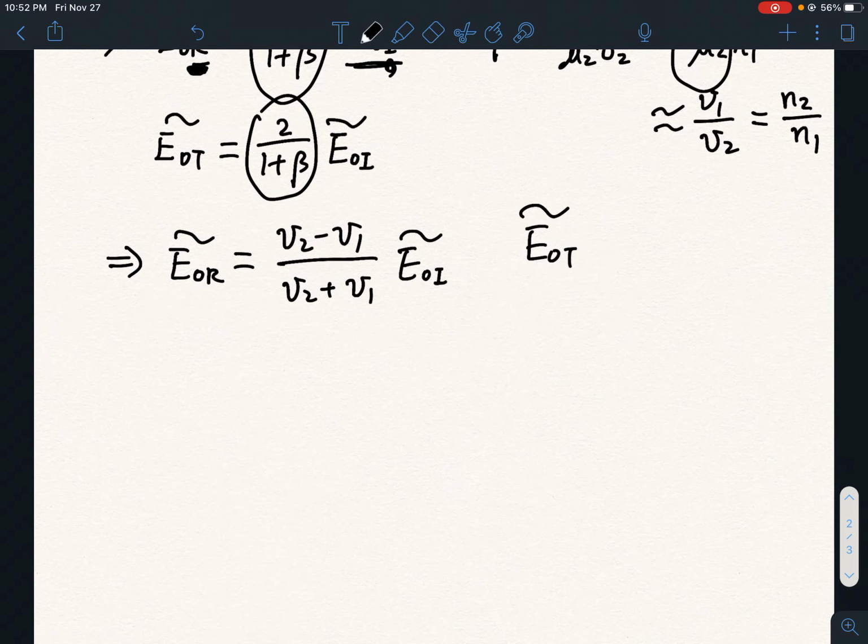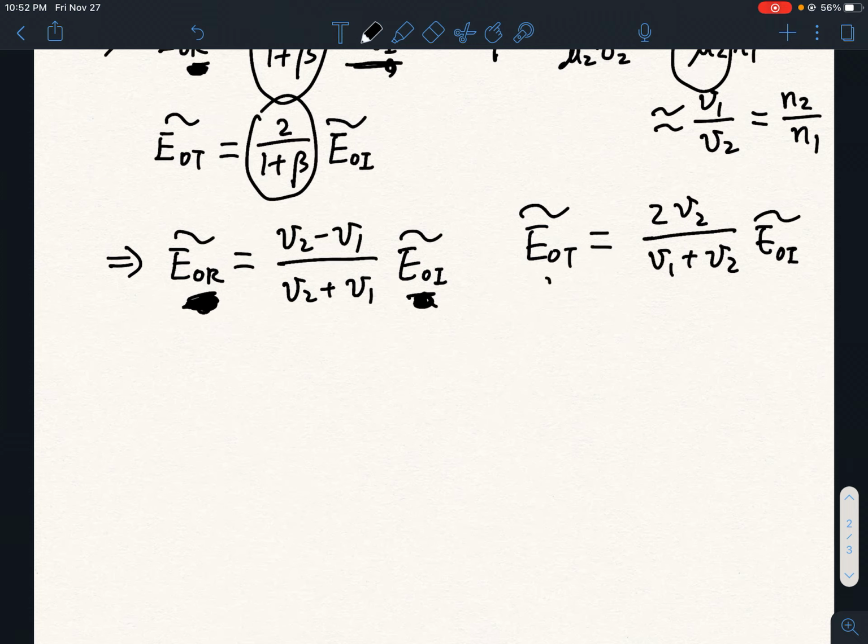The transmitted wave equals 2V2 divided by (V1 plus V2) times E0I. This shows the amplitude of the reflected and transmitted waves relative to the incident wave. If you remember the one-dimensional wave case we described before, this is identical to it.